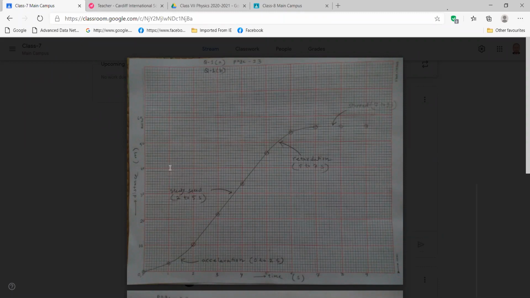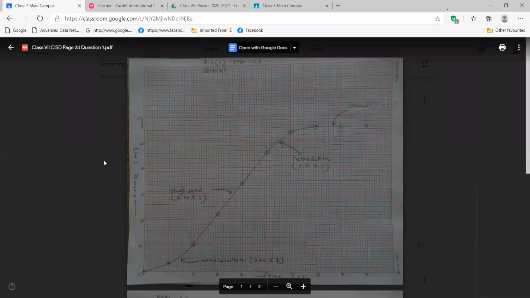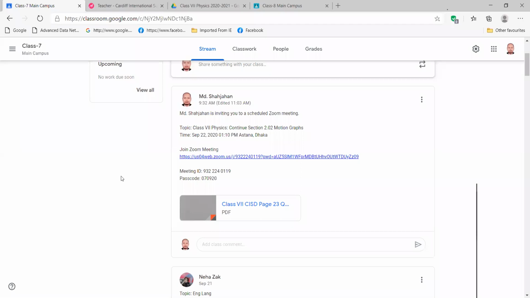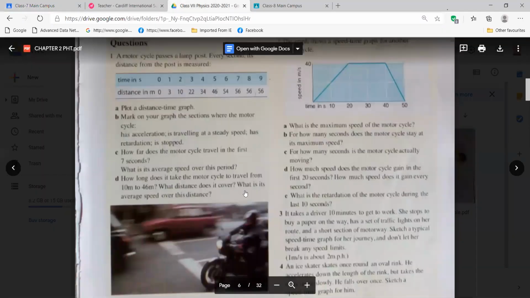So when is our test? Sir, I think it is on Sunday, 27. So tomorrow we will finish the other part. What is the syllabus? Syllabus is 2.01, 2.02.